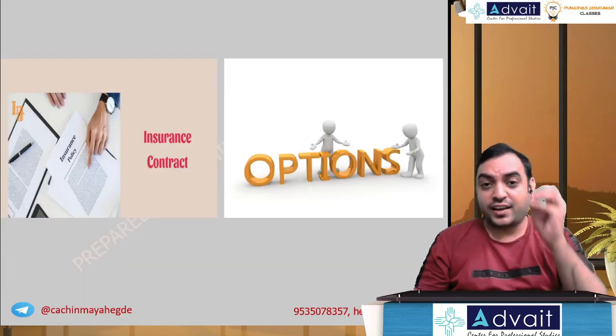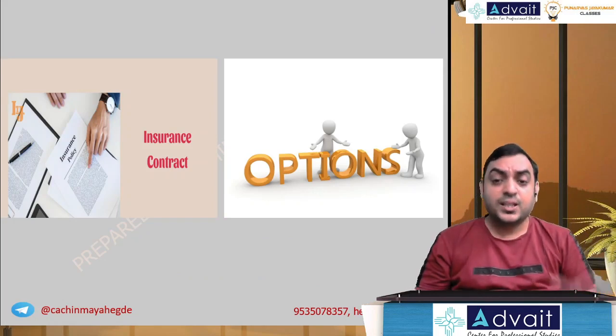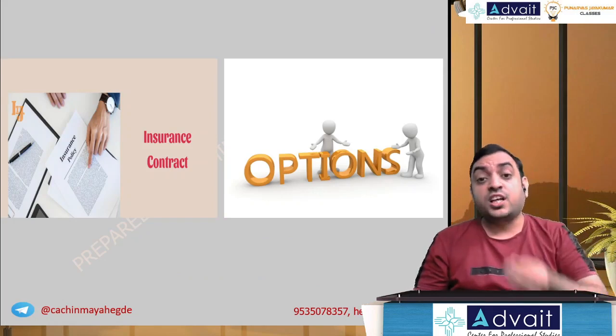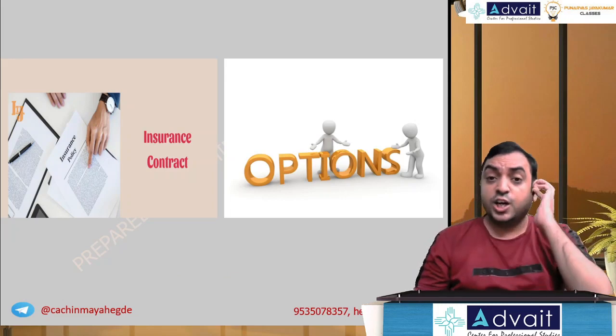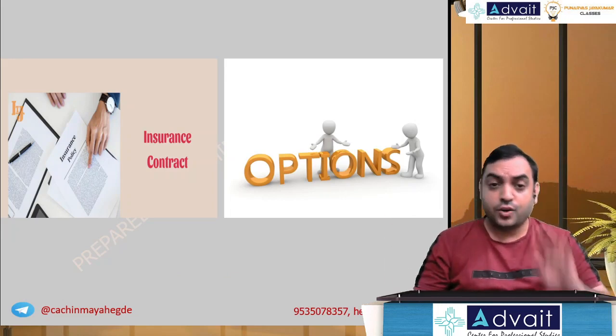So option contracts are very much like insurance contracts. The purpose of introducing options is actually to protect against risk. Now it is taking place in different forms. Anyway, let me give you the basic idea, then I'll go into details.